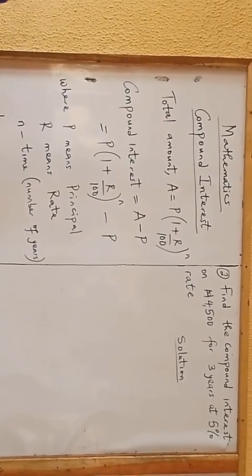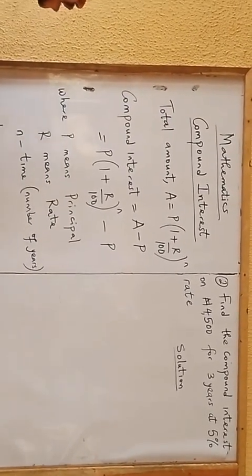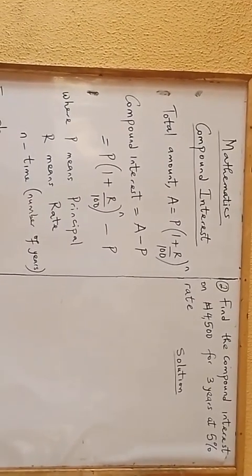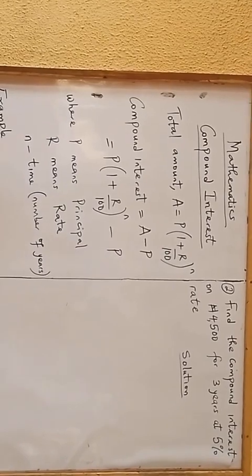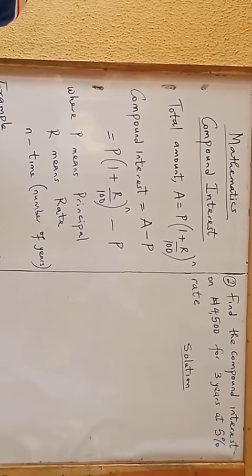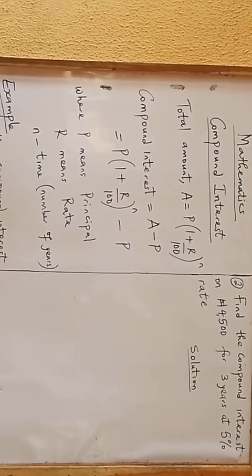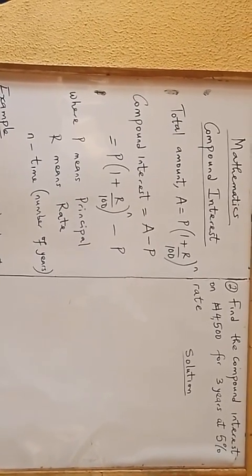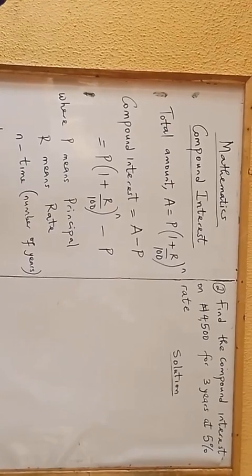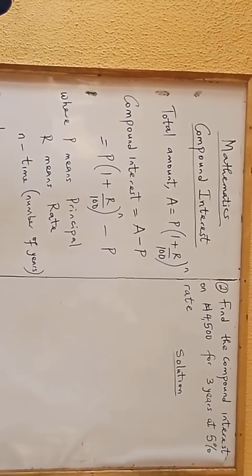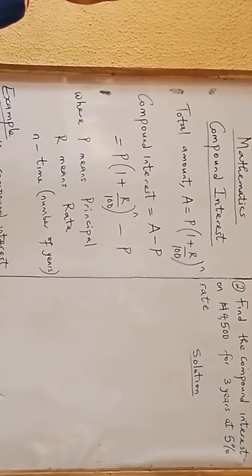You are welcome. The topic before us today is compound interest. And this formula that I write on the board, I want you to take note of it, because this formula method is far better than calculating compound interest using the simple interest method, where you have to calculate the simple interest.